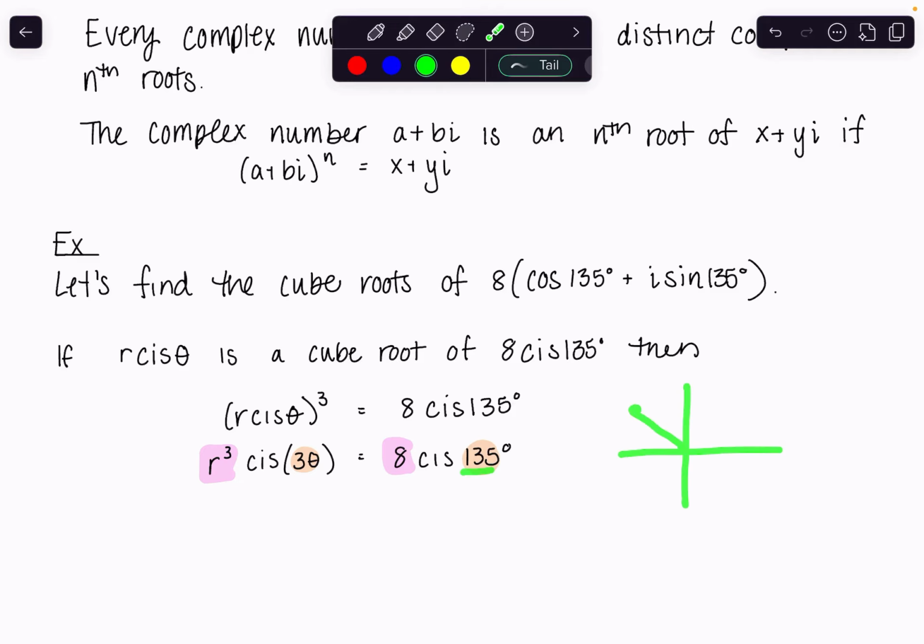So 135 is right in here with a 45-degree reference angle. Really, if I go once more around the unit circle, I'm still going to get the exact same output for these two values, and it gives me exactly the same complex number. So there is a connection with these, but it's really going to result in solving a trig equation, okay?